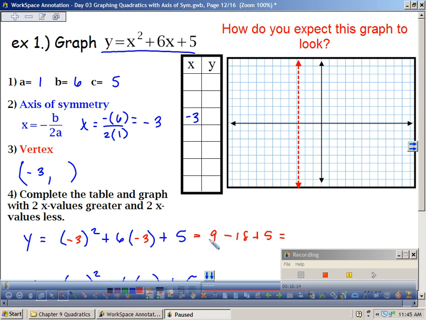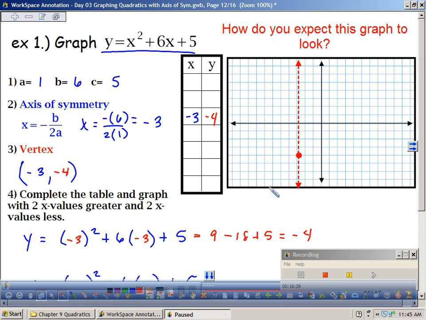Well, I know -18 and +9 make -9, and -9 plus 5 makes -4. So I know that goes here. So if I go over -3 on my axis of symmetry, I'm going to have to go down 1, 2, 3, 4. Everything will be symmetric after this.